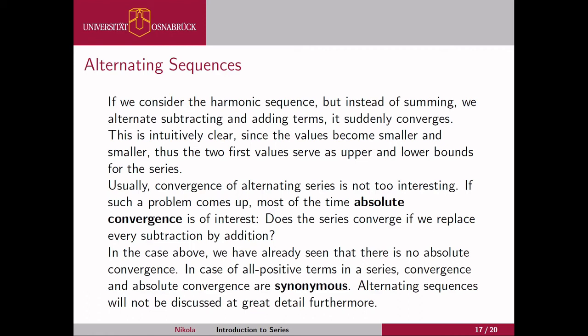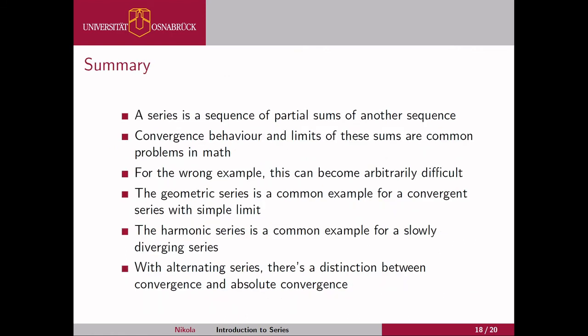We are not going to go much deeper into alternating sequences, but knowing this distinction is good in order to not be shocked when encountering a not all positive sequence which gets a series at some point. All right, people. Now, this was all of the content.